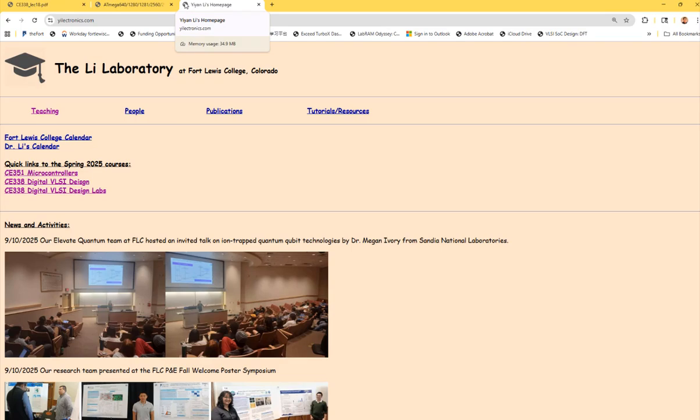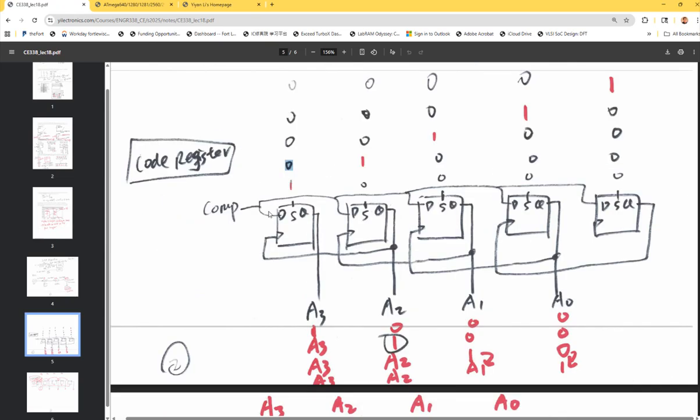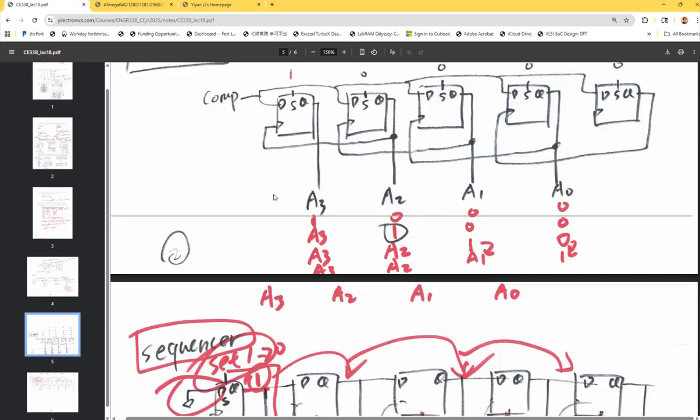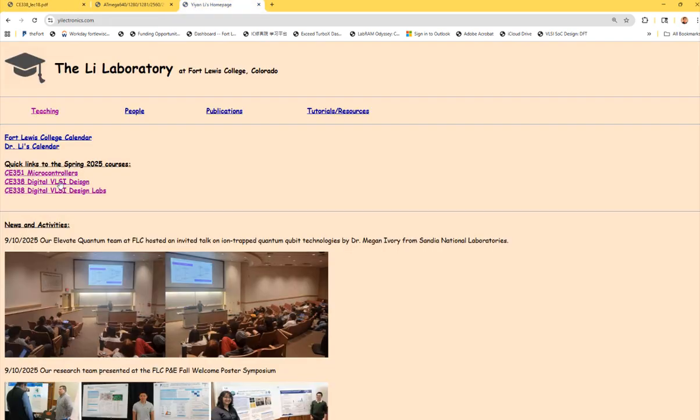And we need a clock for the sequencer because this guy is always shifting. This guy, right, is always clocking. We need a clock over here, and we are using 2 megahertz for this clock. And the pulse is definitely not 50% duty cycle. Let me show you this.